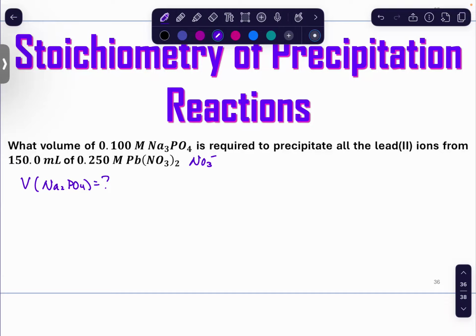I'm just going to write down some things that can help me. And I want to make this list or I'll get points taken off my assignment. 150 milliliters is also 0.150 liters.